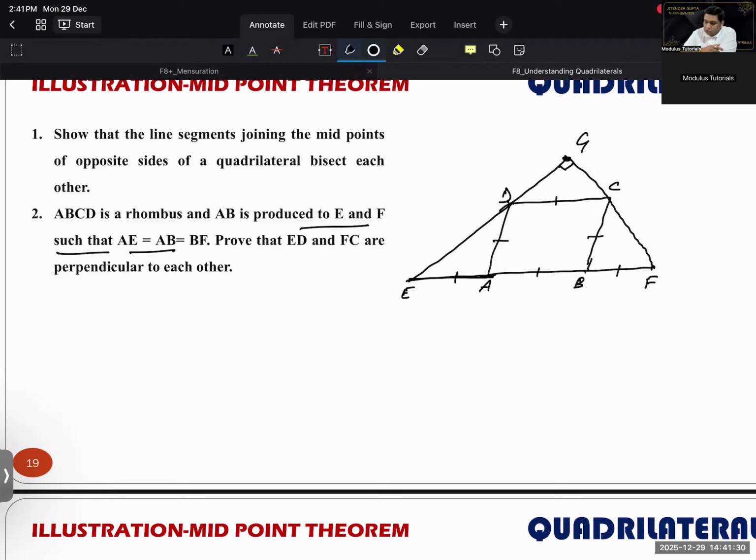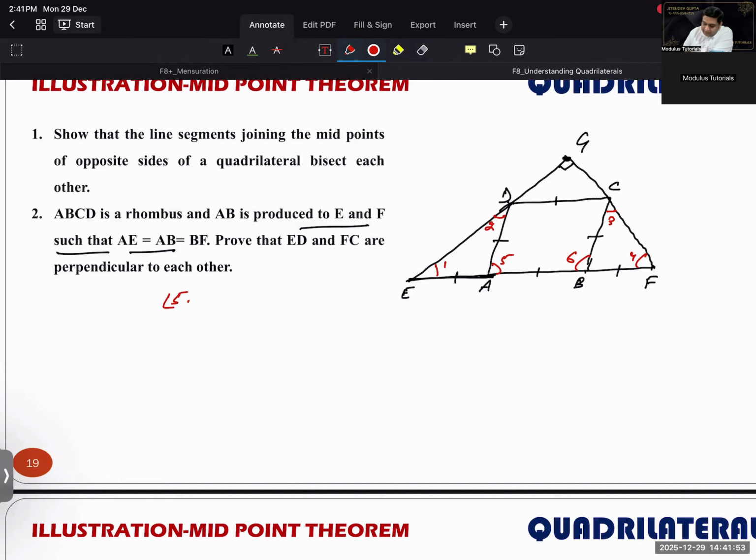Easy, guys. So it is very evident from here. Let's label it 1, 2. This is 3 and 4. From the diagram, because ABCD is a rhombus, the diagram is self-explanatory, right? I've already indicated equal parts. So therefore, you can label this angle as maybe 5 and this as 6.